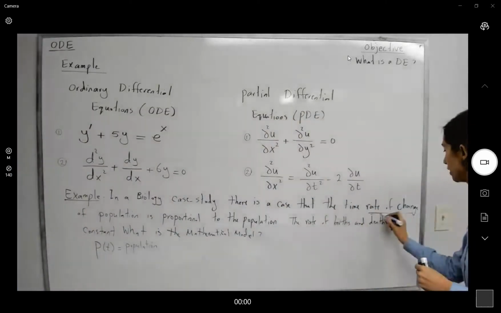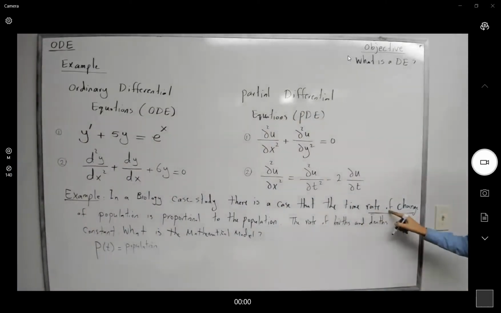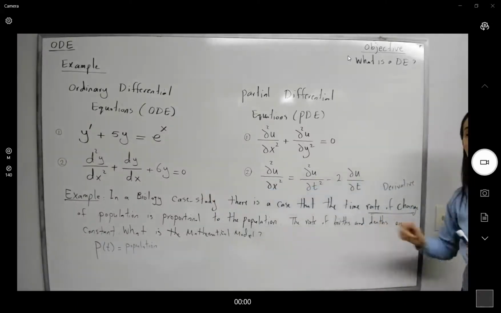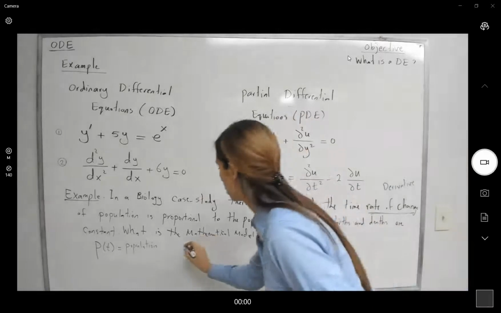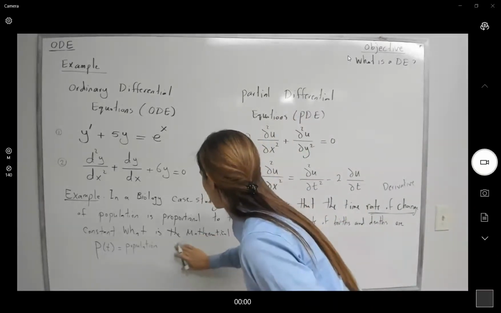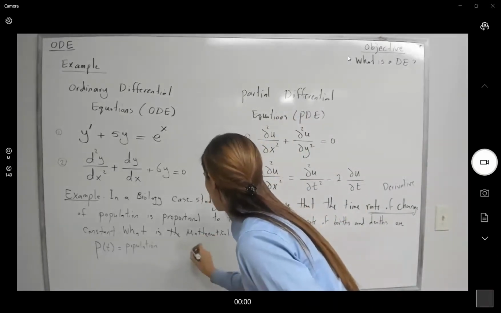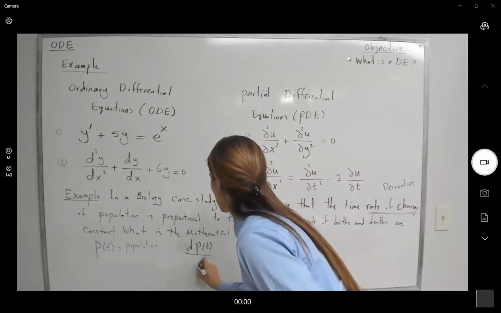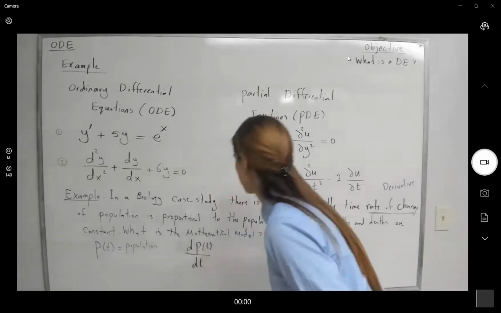Rate of change, it means that I'm dealing with the derivative. The derivative of population with respect to time.